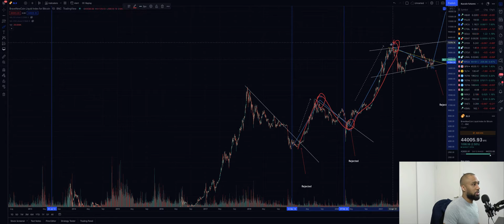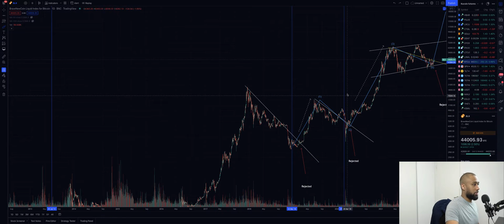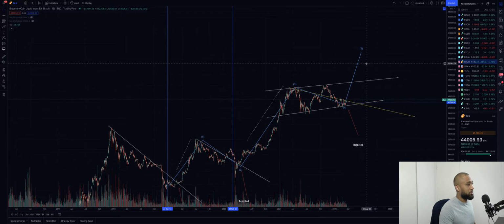Impulse wave 3 is always bigger than impulse wave 1. And then we had the corrective wave here. So we corrected down here, and then we'll have our final impulse. Whether we stop here, who knows where we will stop, but I do believe we have this last wave. We could break up to the upside.